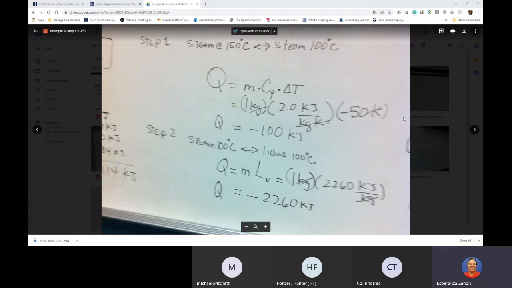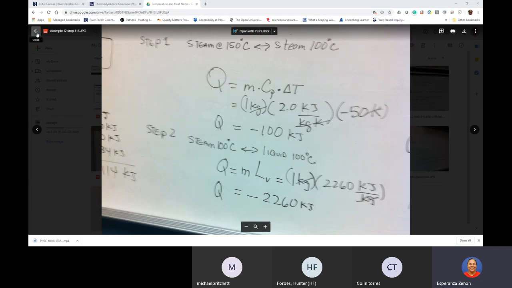All right, I'm back. So now we've done our first 2 steps. And so in our first two steps, we've taken out a total of 2,360 kilojoules of heat. So now we're left with liquid that is at 100 degrees Celsius.